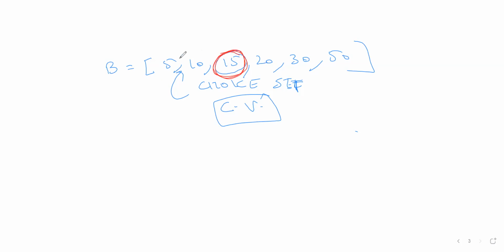Error goes down till 15, and error starts becoming more after 15 because overfitting kicks in. So more values in the choice set does not really matter. The thing which really matters is that the decision tree numbers cannot go up.